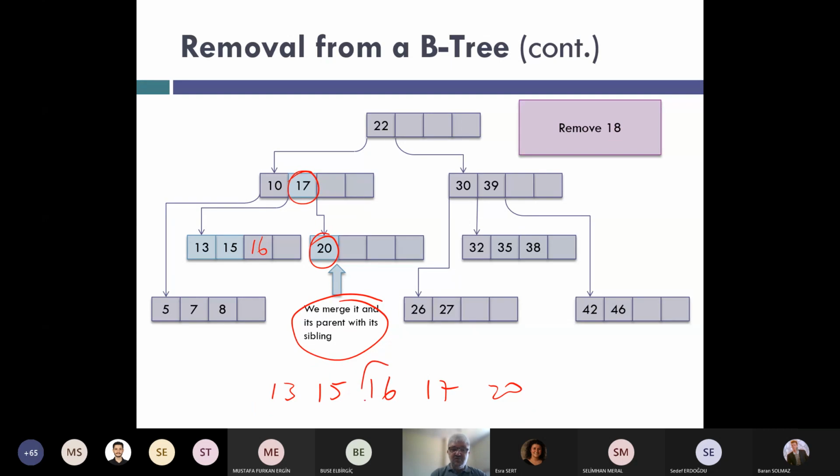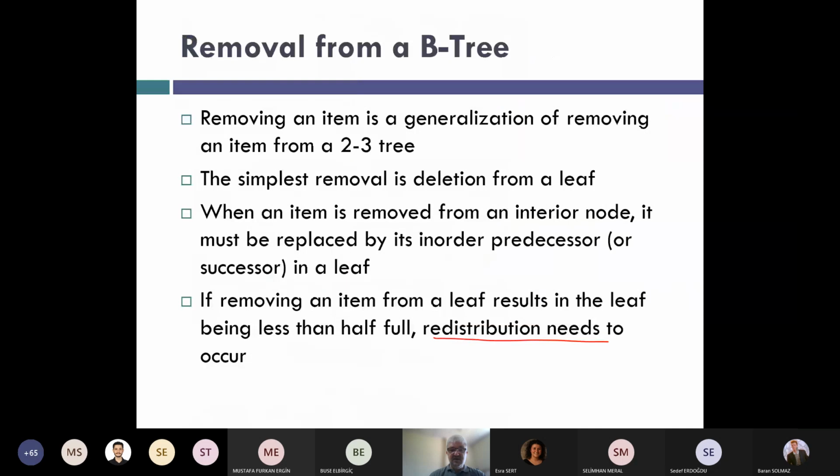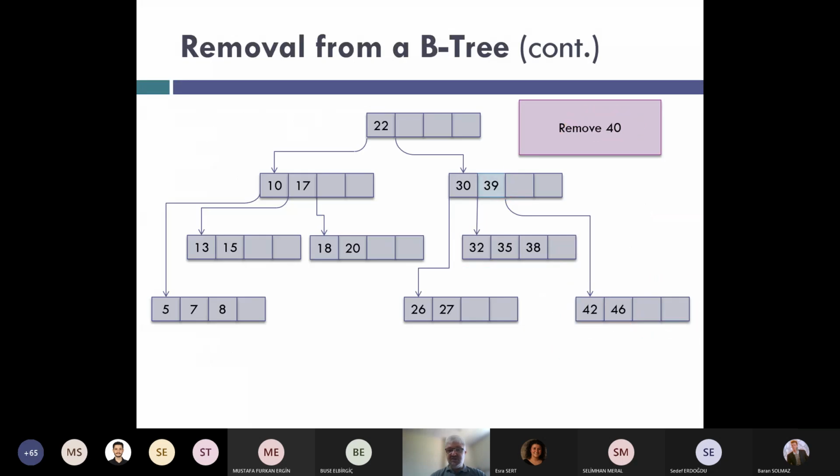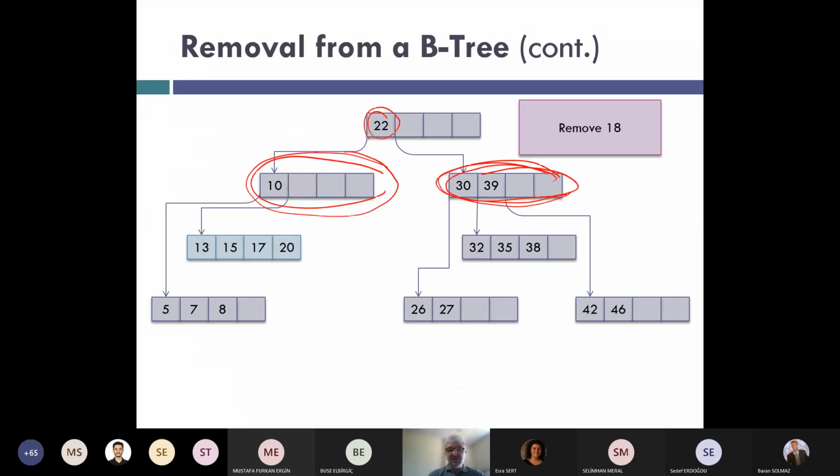So what we have to do is move 16 to the parent, and this is the left child, this is the right child of 16, right? So we perform a redistribution, not a merge. As you see here, we said redistribution. We do not always perform merge operations. Sometimes we have to perform redistribution.